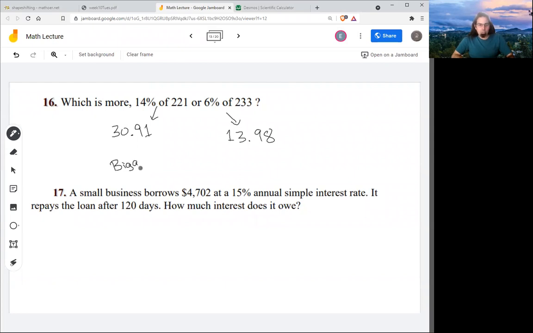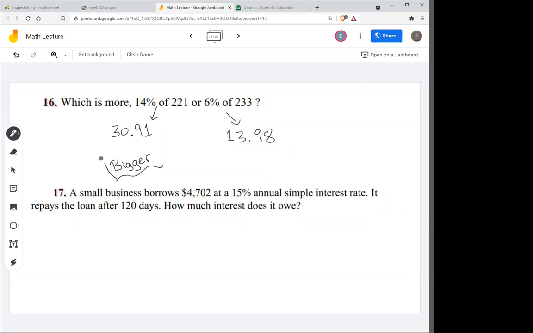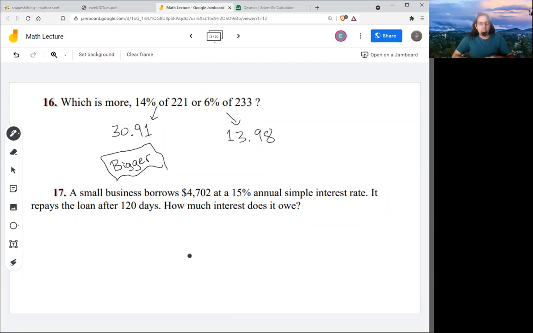17, I want to walk through carefully. It has one extra step. So simple interest, what does that mean? Simple interest is designed for 1 year. That's why it's called an annual simple interest rate. Annual is per year.